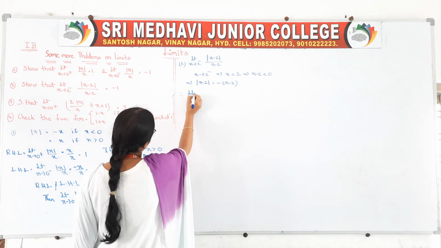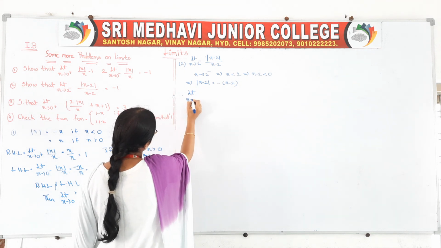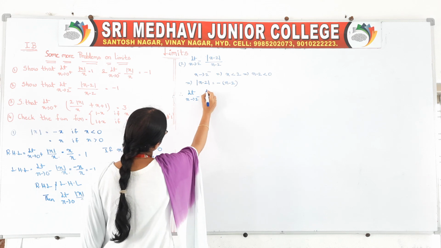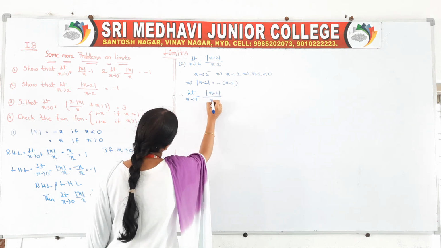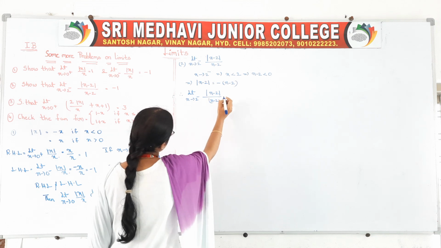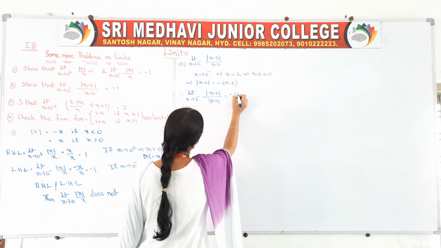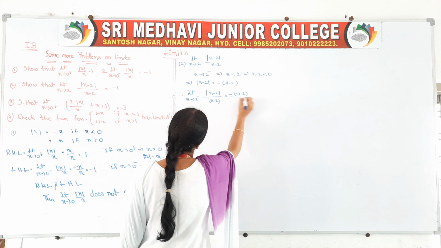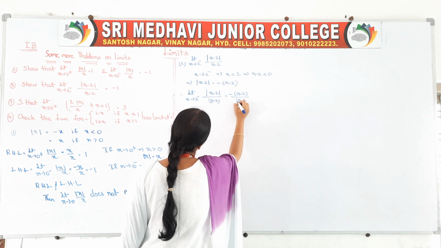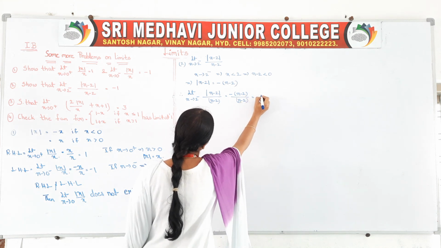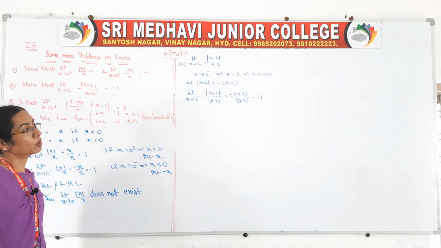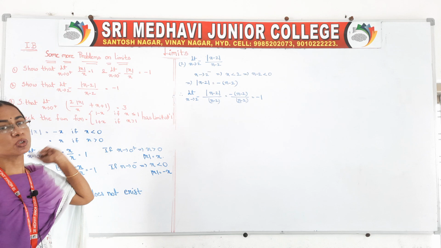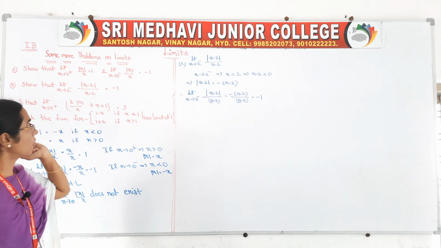So you take limit x tends to 2 minus modulus of x minus 2 by x minus 2, which is equal to minus of x minus 2 by x minus 2. The x minus 2 cancels, giving minus 1. So, hence proved. These are 2 marks questions: show that, prove that problems.